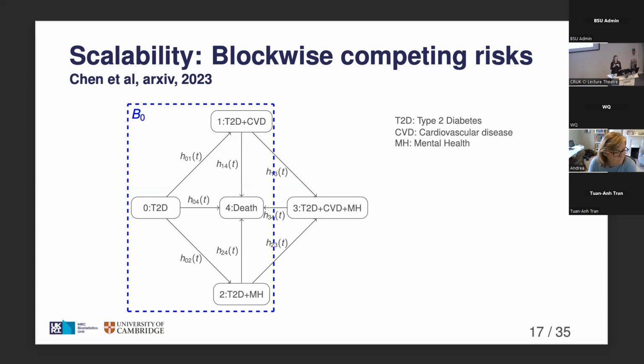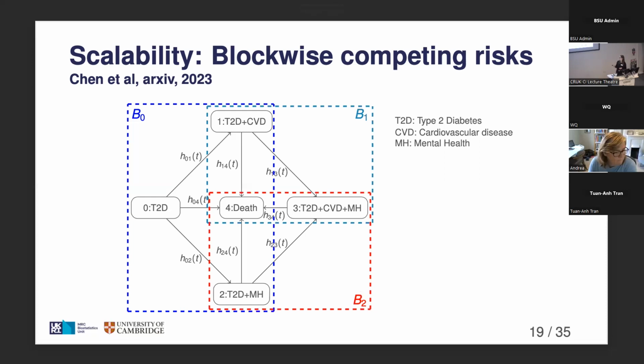So that's fitted as a joint longitudinal competing risks model, and then also in parallel block B1, which is defined by state 1 and the transitions coming from state 1. And then similarly for block B2, which is state 2 plus the transitions from state 2 to states 3 and 4. And then finally, block B3, which is just the transitions from state 3 to death.